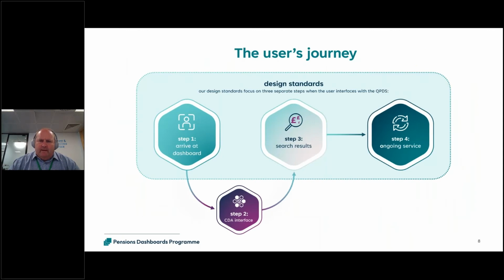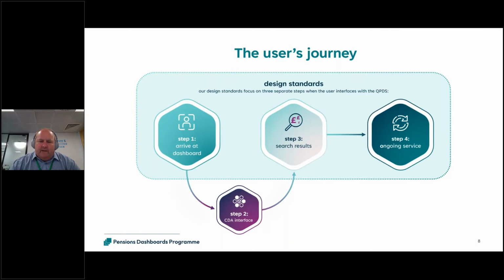So in terms of where the design standards impact upon the individual user journey, we've called them steps 1, 3, and 4 here. So step 1 is where our member, our individual, is arriving at their chosen dashboard. The CDA interface is where it's stepping out to do things like the ID and V checks to prove Mr. James is Mr. James, and gathering consents for that sort of thing, because there is one standard service for that, so the design standards don't need to cover that part.